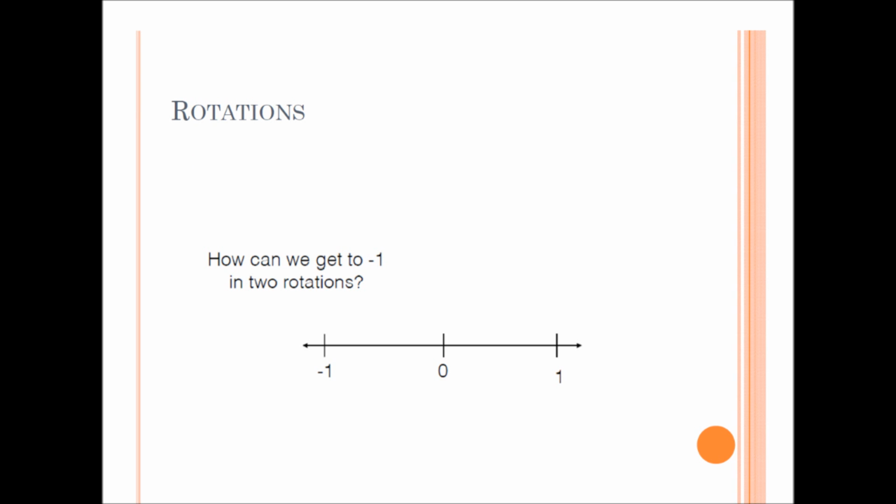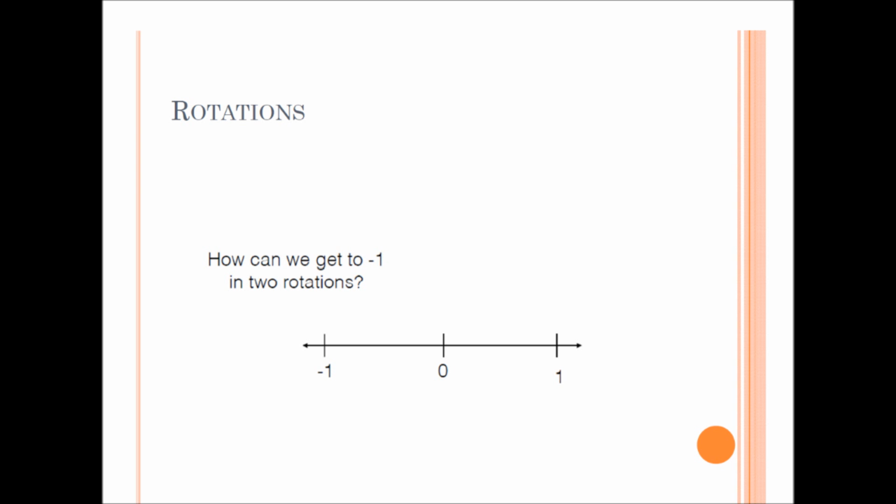So now looking, how would we get to negative 1 in two rotations? Well, since negative 1 is a 180 degree rotation, then we need two rotations to get to 180, because we are looking for the square root.